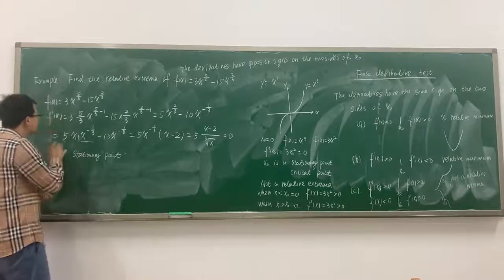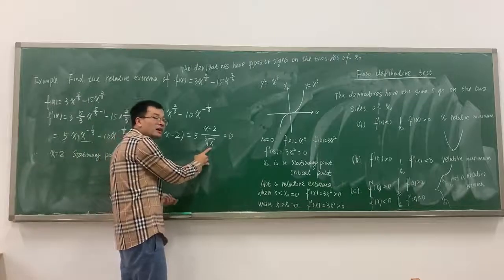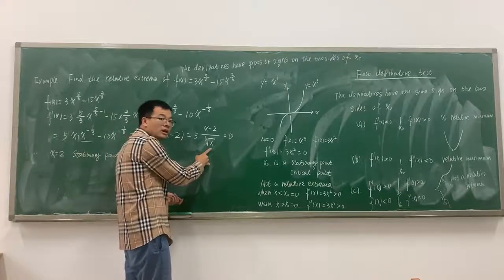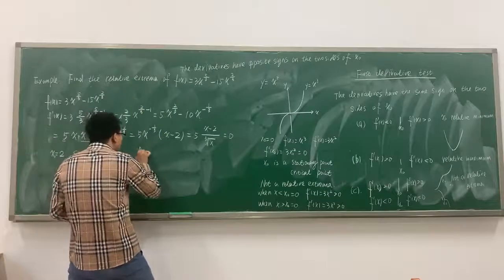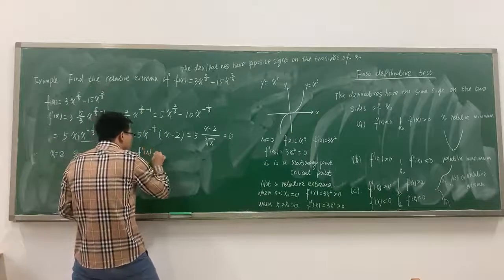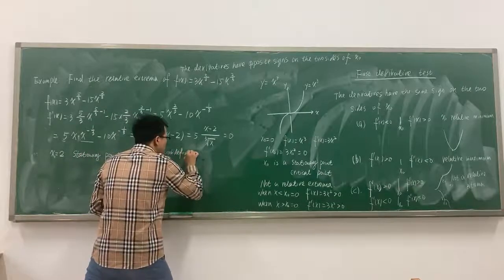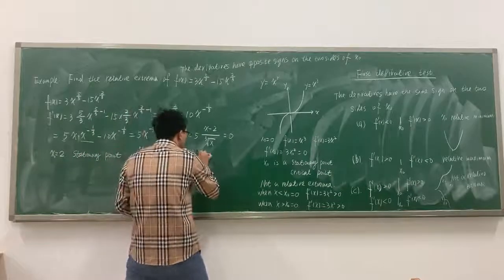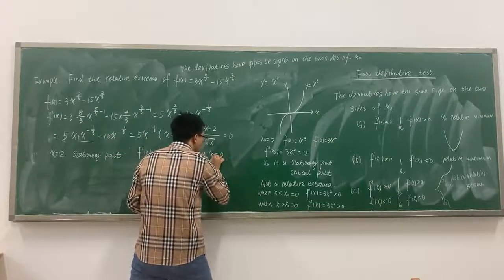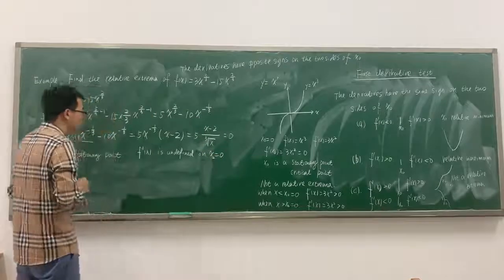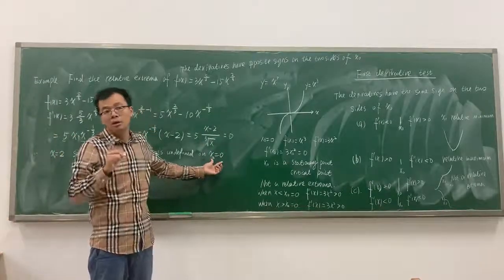Now we can see that f prime is not defined at 0. F prime of x is undefined at the point x equal to 0. So x2 equal to 0 is a critical point.